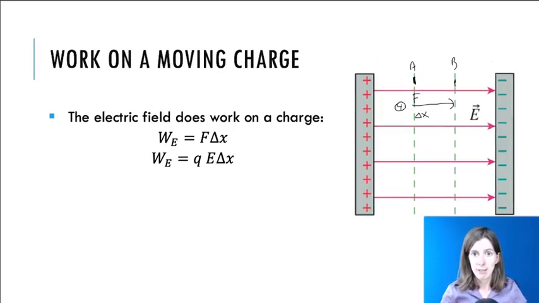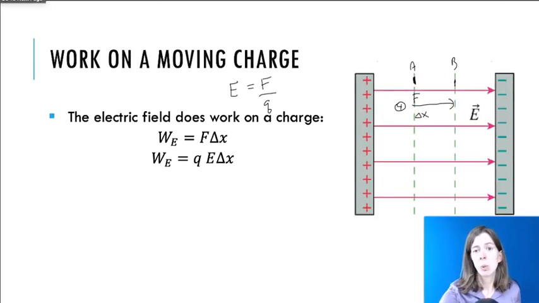The work is F times the displacement, and the force is Q times E. This comes from the definition of the electric field, which was force per charge. So if you solve for force, you just multiply the E times the Q. Okay, so the electric field is doing work on a charge when the charge is moving under the influence of this electric field. Let's take it a step further.